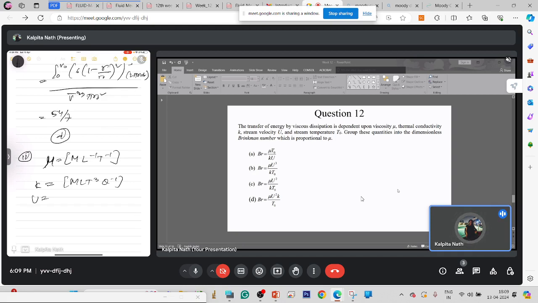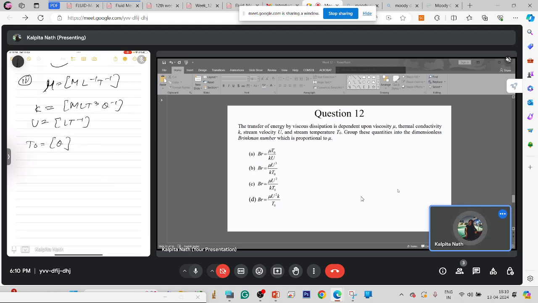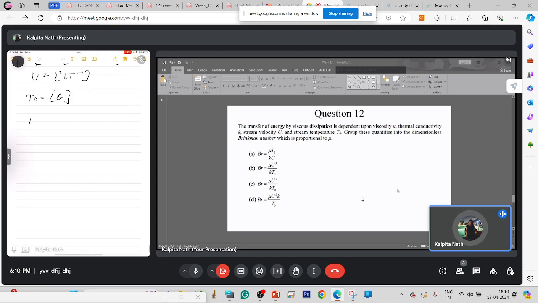U is the stream velocity, L T to the power minus 1, and T naught, that is temperature, is theta. So we can form only one dimensionless group with these quantities. That is pi is equal to K to the power A, U to the power B, T naught to the power C, and mu. So pi dimension is equal to m L T to the power minus 3 theta to the power minus 1 to the power A, L T to the power minus 1 to the power B.